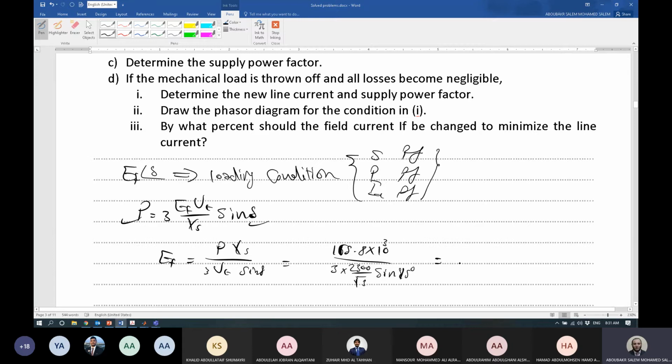So we can get EF here using the power relation. The value of EF is 1768.86 volt.